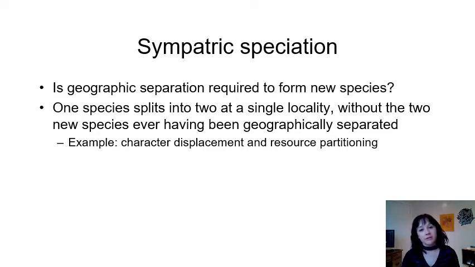And we've actually talked about this before when we've talked about character displacement, right? So you've got a population, and a subpopulation adapts to use resources slightly differently, right? That is character displacement. And if those changes are significant enough in that subpopulation, they can become reproductively isolated and considered a new species.